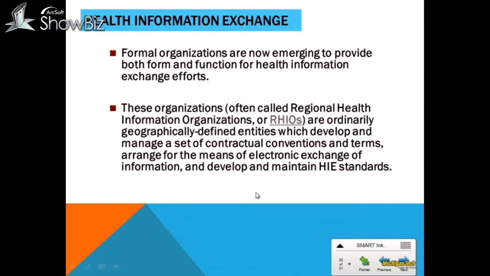If they like, then they can make a RHIO. You can make your system and their system exchange information with each other. I remember there is a successful case in Indiana, but some people tell me in California the case is not successful. California also wanted to connect the hospitals and health systems, but their RHIO was not successful because of, I'm not sure of the reason. But in Indiana, they told me it's very successful.